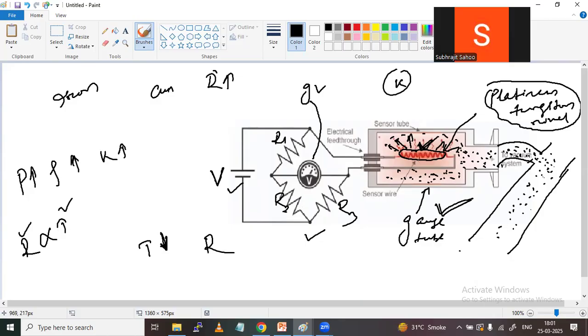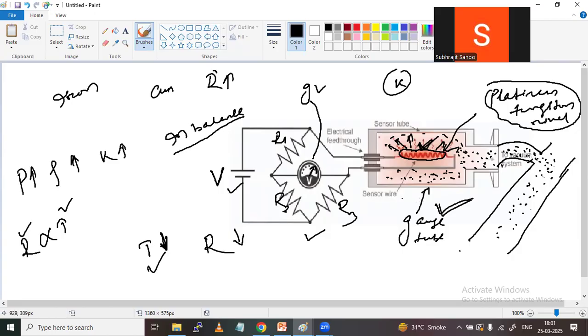That's why the temperature of the filament is reduced. Then what happens to the resistance? Resistance also reduces. If resistance reduces, the circuit becomes imbalanced. Then the galvanometer moves from the null position and starts showing some reading. It will deflect.